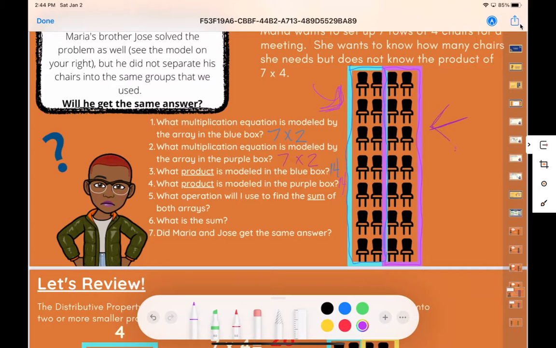Question number 5. What operation will I use to find the sum of both arrays? I hope you said addition.